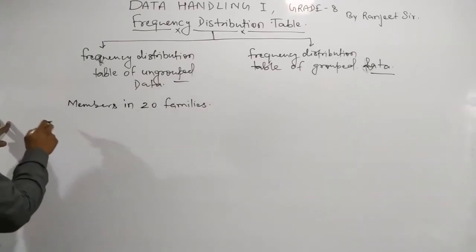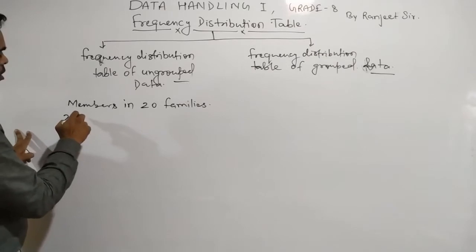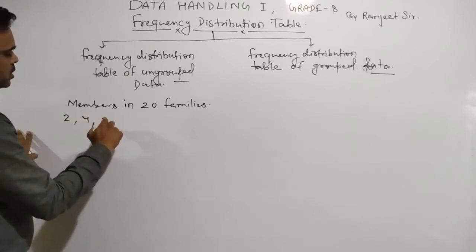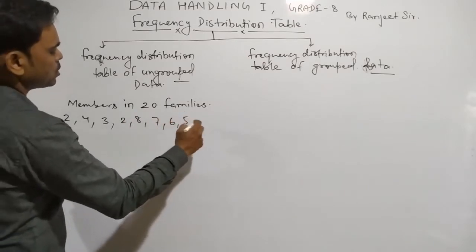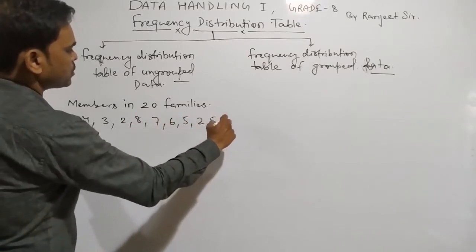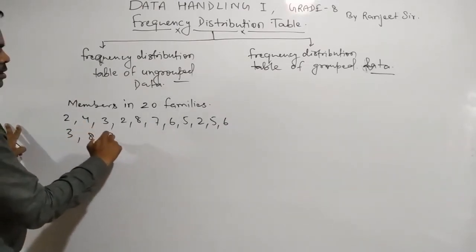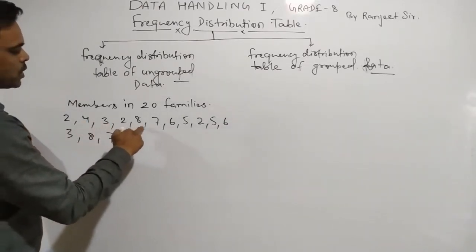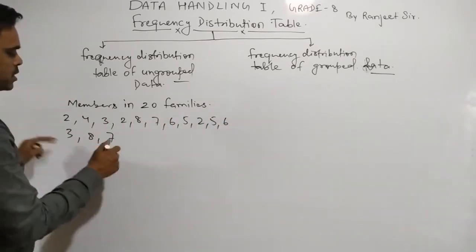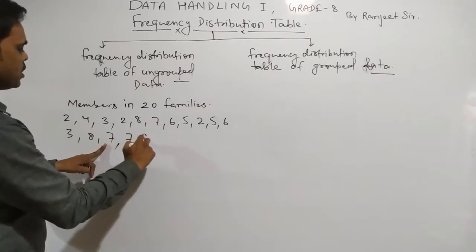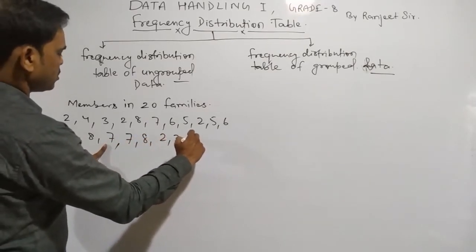I write it here, like 2 members are there in the first family, next family 4 members, then 3, 2, 8, 7, 6, 5, 2, 5, 6, 3, 8, 7, and 6 more are required there: 7, 8, 2, 3 and 3.